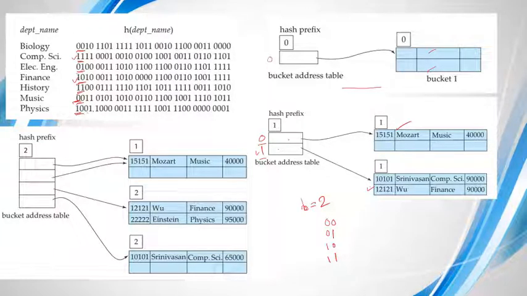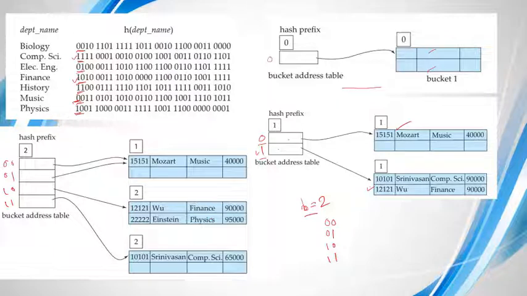Now since we are increasing the number of bits, we have to consider 2 bits here. So for physics, what are the first 2 bits? 1 0. For physics, this is 1 0. So for physics, I have to get a bucket for this.